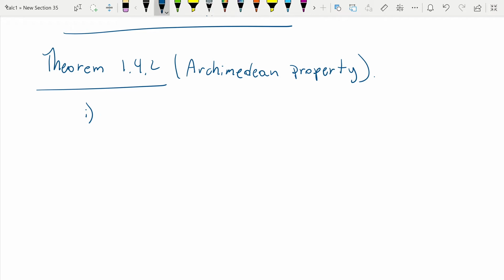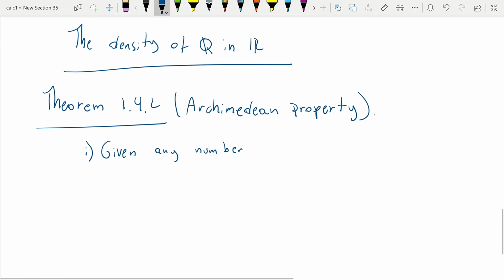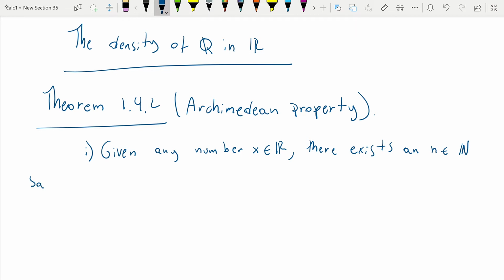Given any number x in R, there exists an n in N that is bigger than that given number, satisfying that n is greater than x.